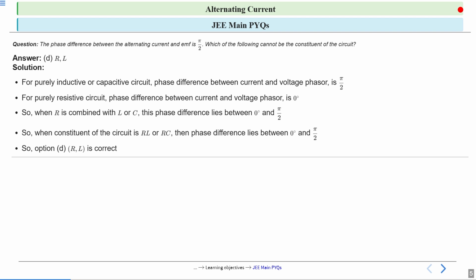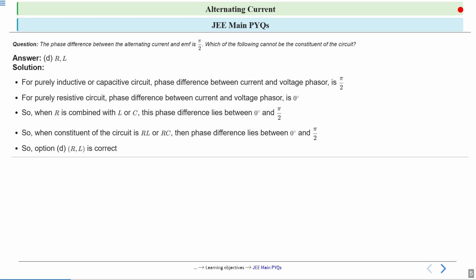We have seen in the phasor diagram, when we take VC plus VL, the combination or resultant of the VC phasor and VL phasor, voltage across L and voltage across capacitor, the resultant came out to have phase difference pi by 2 with the current.